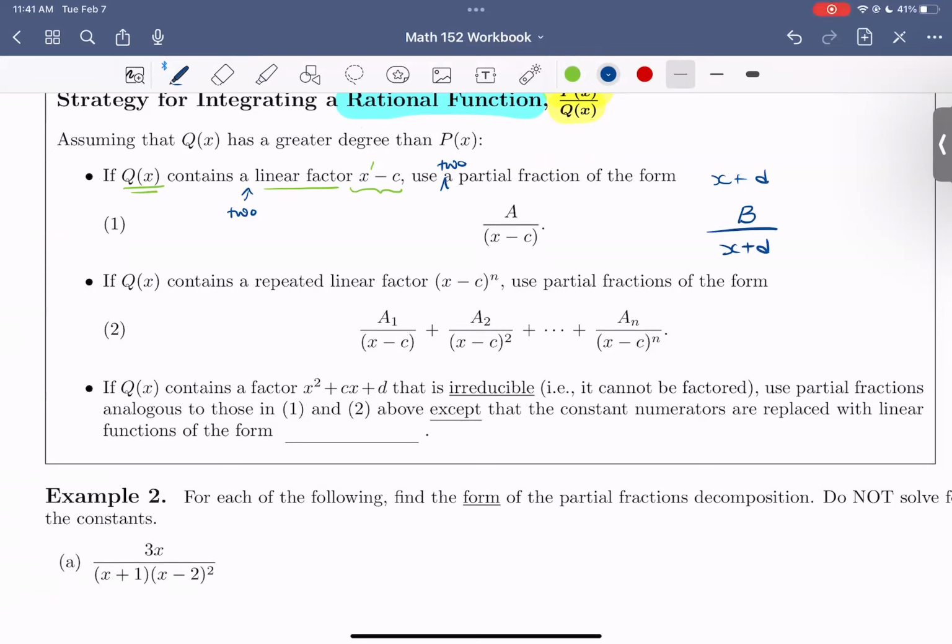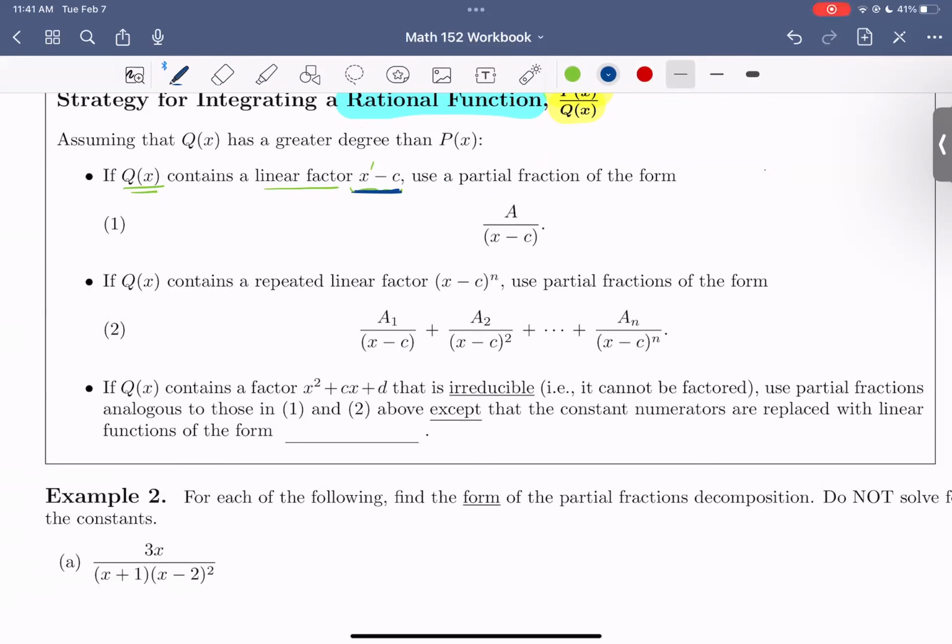So for each linear factor in the denominator, we need to use a partial fraction of the form given in this first scenario. Just to summarize, example 1 fell into this type of situation.